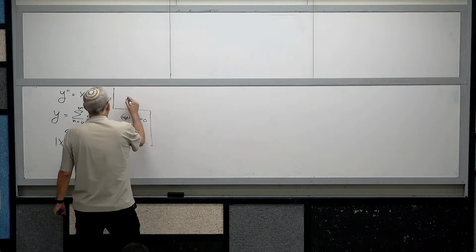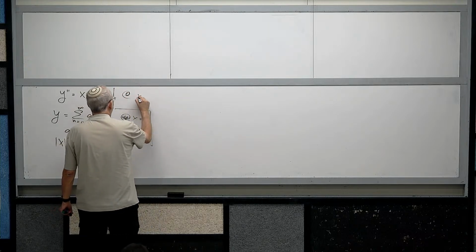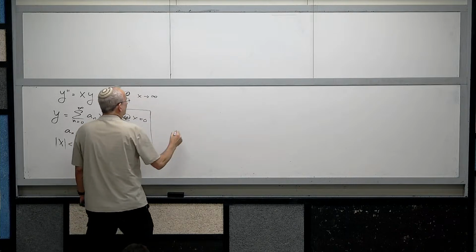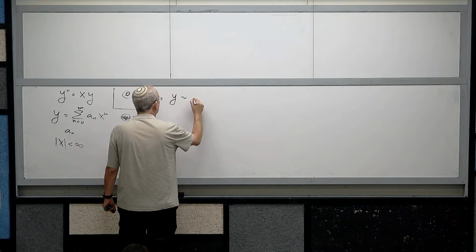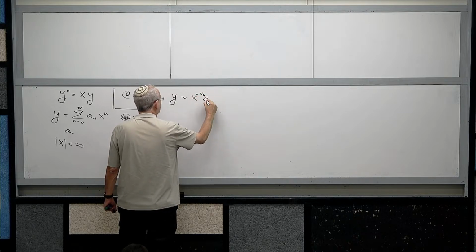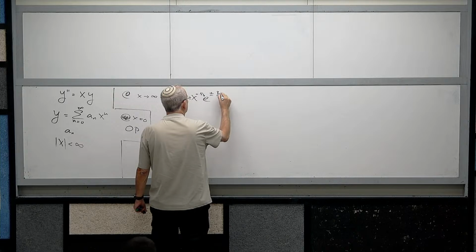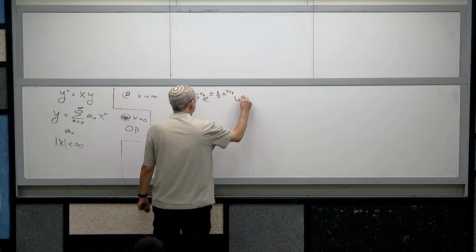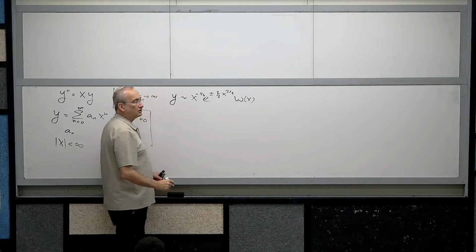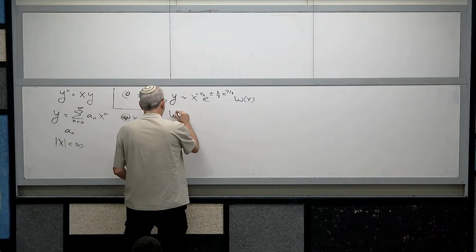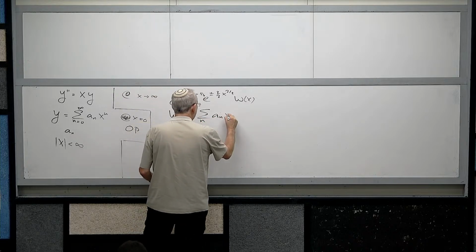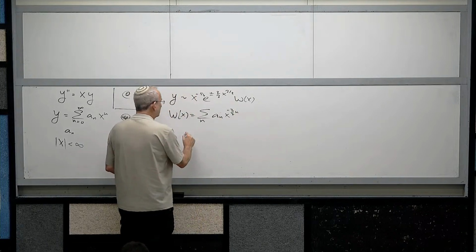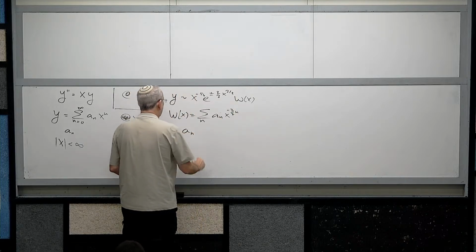Then we did something else. We looked at the same equation, but now we want to expand it as x goes to infinity. And we were able to write that y is asymptotic to something like x to the minus 1/4, e to the plus minus 2/3 x to the 3/2, times w(x), and we were able to calculate w(x). So w(x) is again a sum over n of a_n x to the minus 3/2 n, or something like that, and we know how to calculate what the a_n's are.